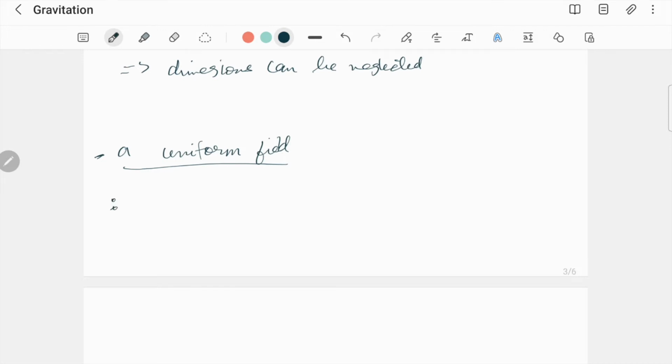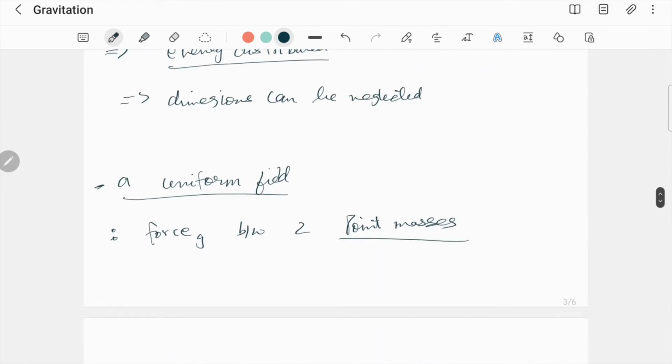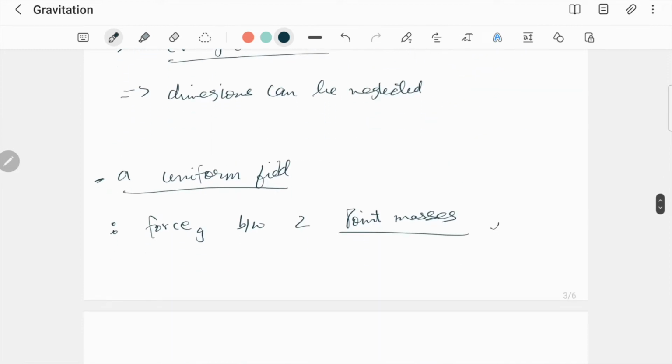Now Newton's law of gravitation says that the gravitational force, which we will give the symbol G, between two point masses. Remember that we just talked about the idea of point masses. This is where it's important.